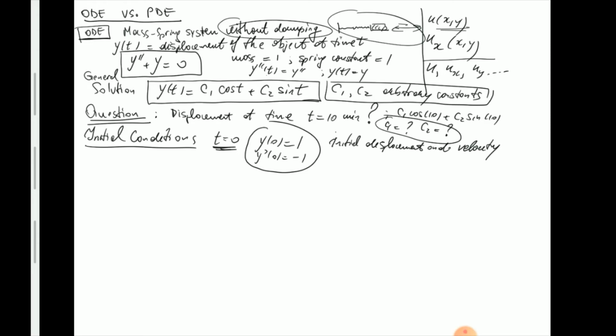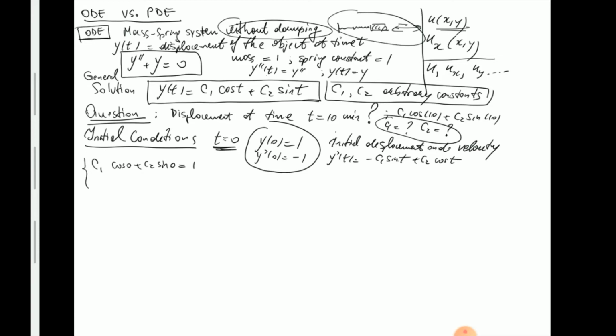And of course, we can quickly find C1 and C2. We could do this just for fun. So y of 0 equals 1. That means C1 cosine of 0 plus C2 sine of 0 equals 1. We need y prime of t first before I plug in 0: minus C1 sine of t plus C2 cosine of t.